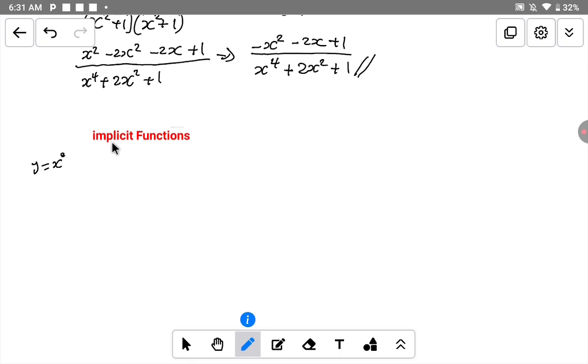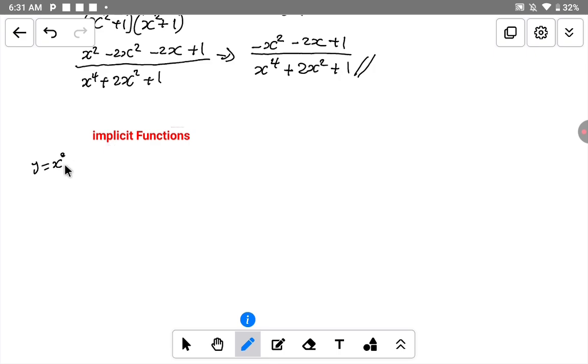But with an implicit function, you differentiate both y and x. Both variables y and x are differentiated at the same time. That is what an implicit function is.